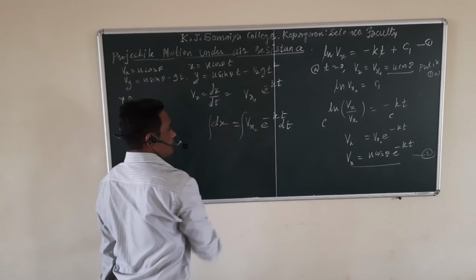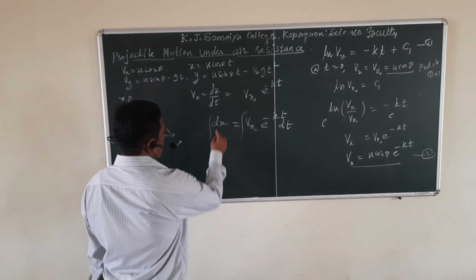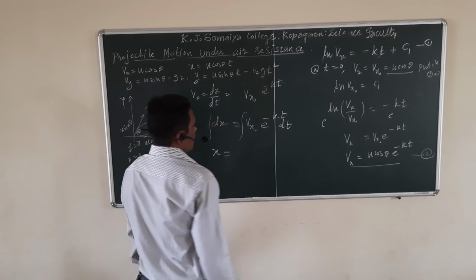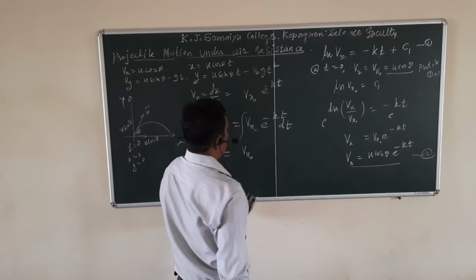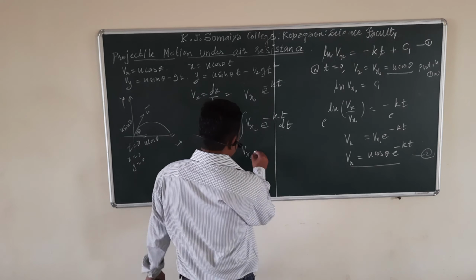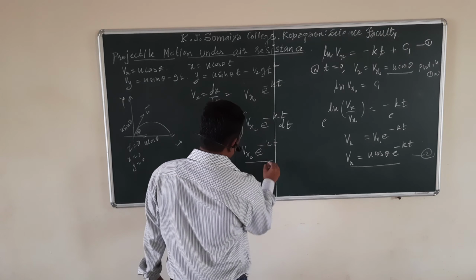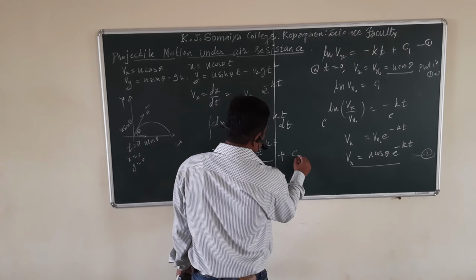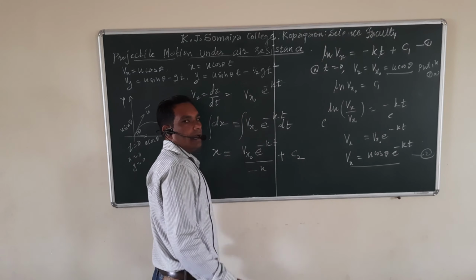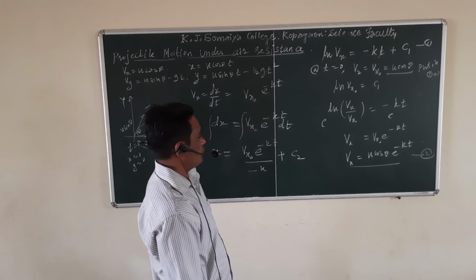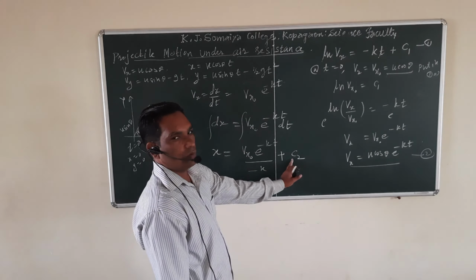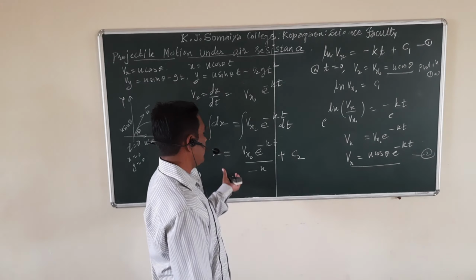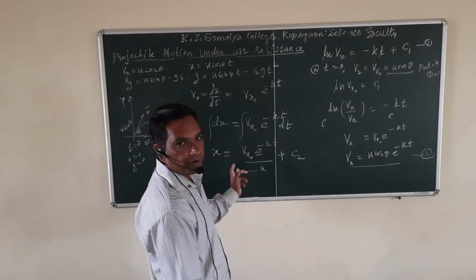Integrating this equation, what will we get? Integration of dx is x, which is equal to Vx0, and integration of e raised to minus kt is e raised to minus kt upon minus k, plus the next constant of integration, c2. I know you understand well why we get this constant c2 and about the dimensionality of this equation.